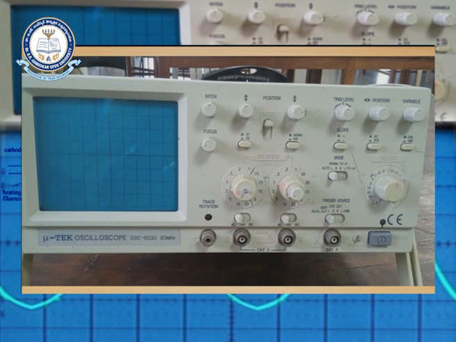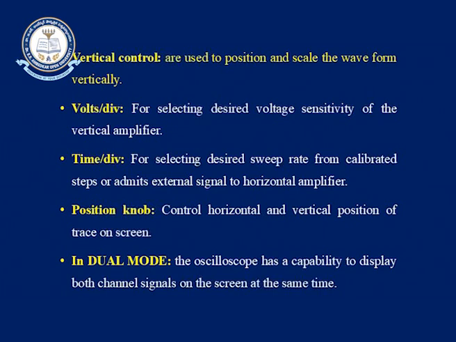That is the observation: changing this button moves the position of the wave. Next, dual mode. Dual mode means channel 1 and channel 2 outputs are both displayed. So the oscilloscope has the capability to display both channel signals on the screen at the same time.